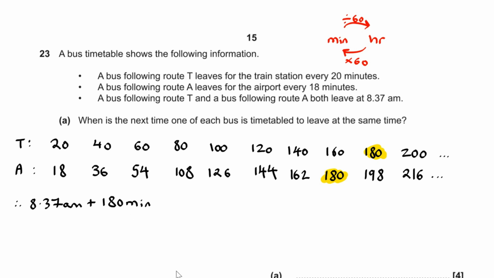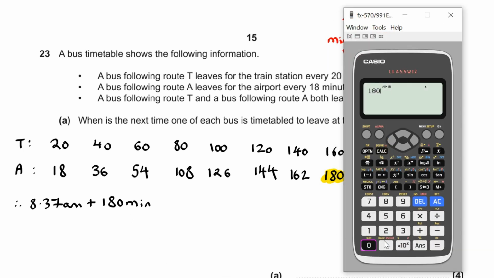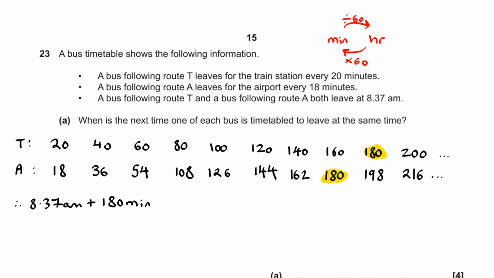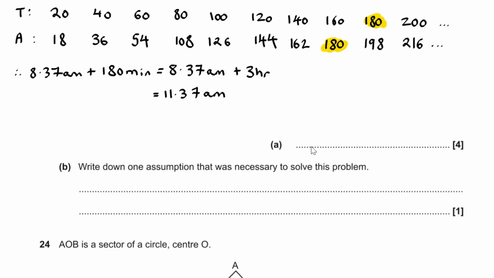And therefore, if we divide 180 by 60, we get 3. So therefore, we've got 8:37 a.m. plus 3 hours. It turns out here we get 11:37 a.m. So we have 11:37 a.m. for the time when they both next leave at the same time.